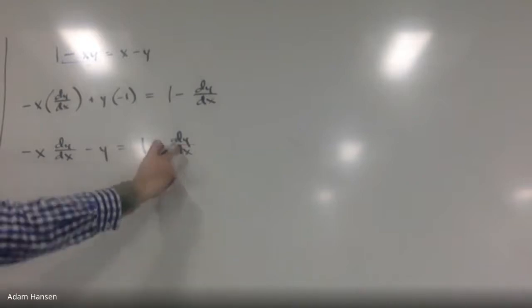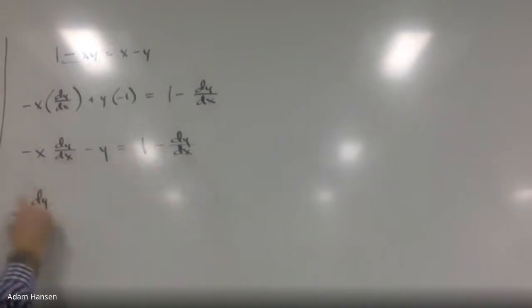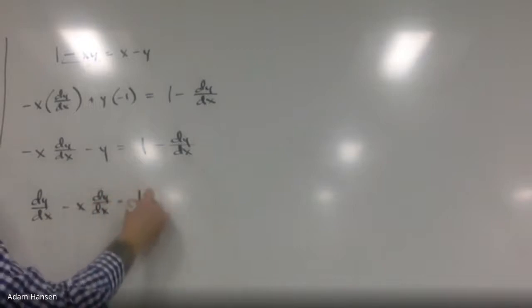Let's move this negative dy dx over to the left, and I'll move the negative y by adding it over to the right. So now each of the two terms that have dy dx are on the same side, and the two terms that do not are on the other side.